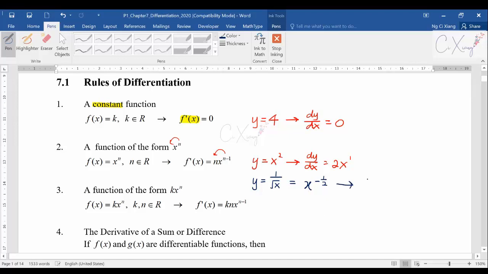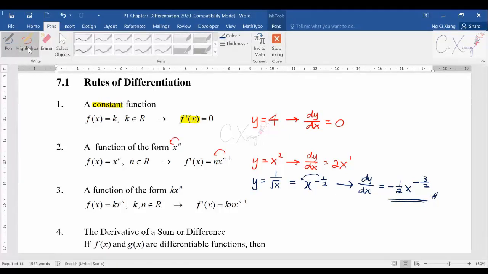Therefore, when you do the differentiation, the power you put in front, becoming negative half. The x you just copy, and the original power minus 1, so negative half minus 1 becomes negative 3 over 2. So this is your differentiation for 1 over square root x.